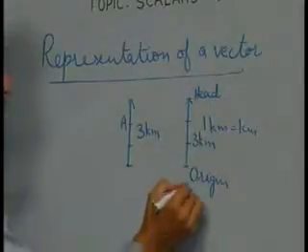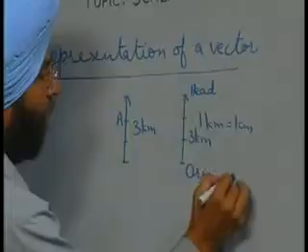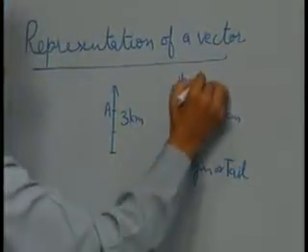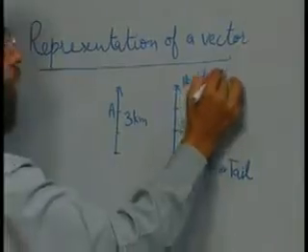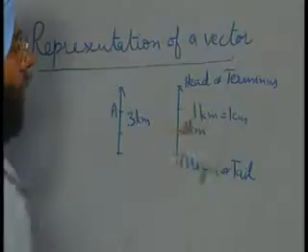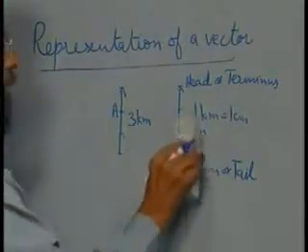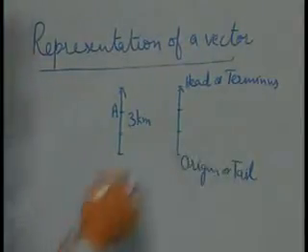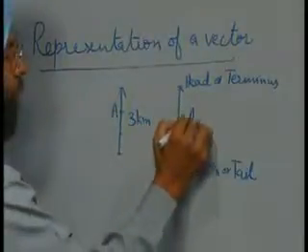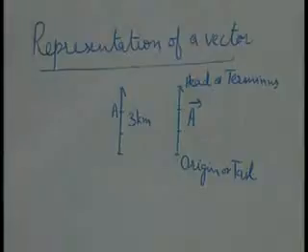This point is origin or tail, this is head or terminus, and magnitude of the vector is given by the length of the vector line. So, this will represent vector A.